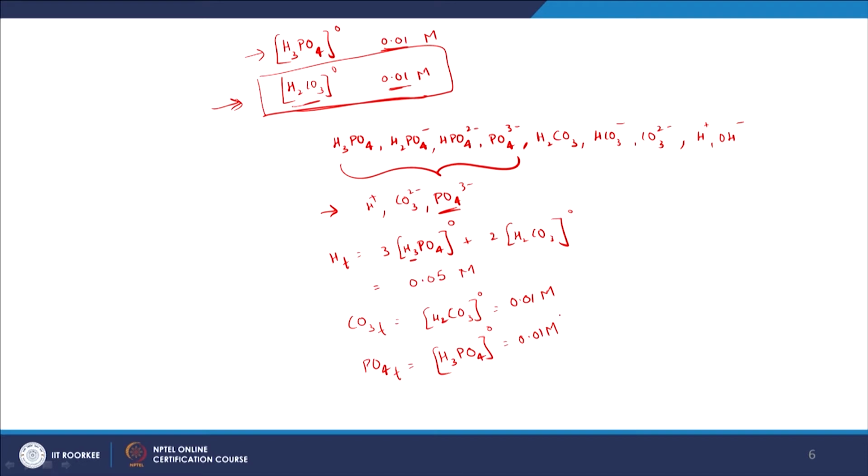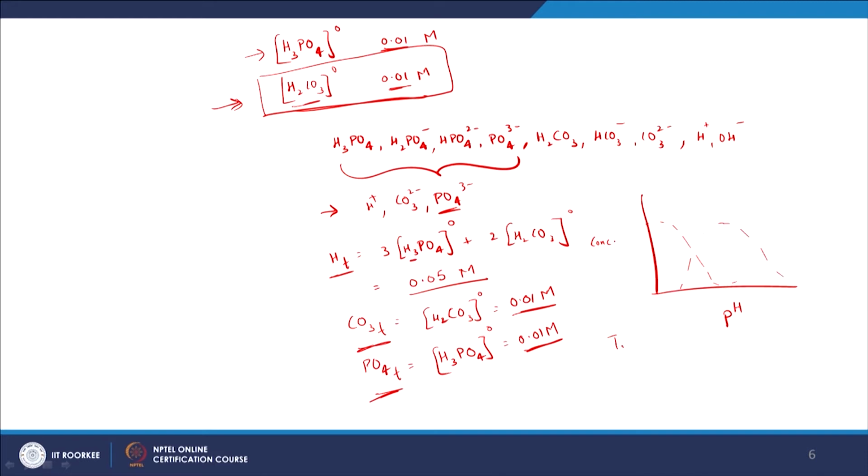So what do I need to plug in? I need to plug in H total 0.05, CO3 total 0.01, and PO4 total 0.01. Again here my objective is to come up with a graph where I have pH on the x-axis and all the concentrations on the y-axis. I am trying to get the speciation system.